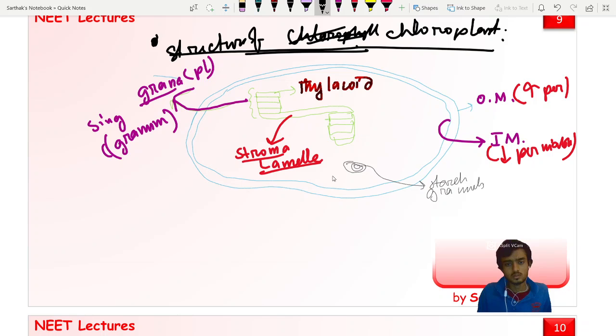There are some lipid molecules also, but this is secondary, this is not important. This is the basic structure of the chloroplast. So in the next slide we will be discussing the light reaction, or what is known as the photochemical phase.